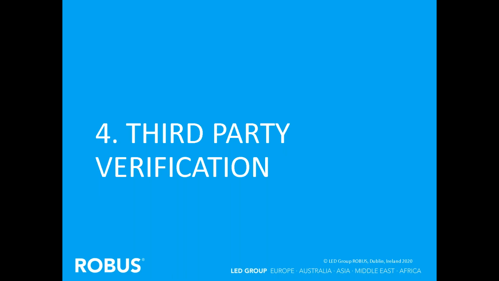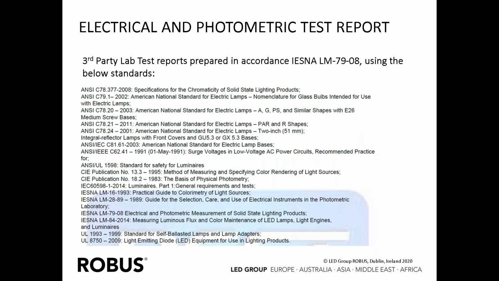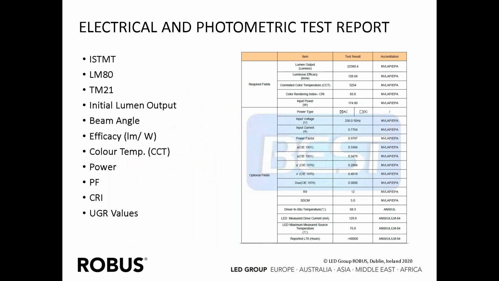So some other third-party verification. The IES also brought in a standard, LM-79, which utilizes a number of other standards to prepare an electrical and photometric test report. And all of those standards, I'm not going to go through them, but there's lots of different standards there that it refers to. And this is the information that the report will contain.